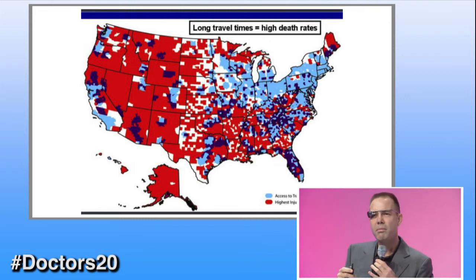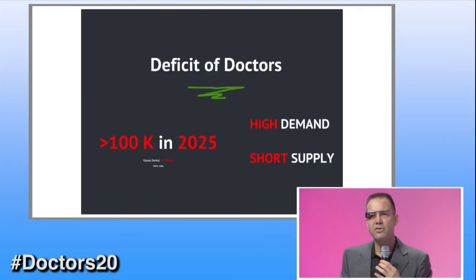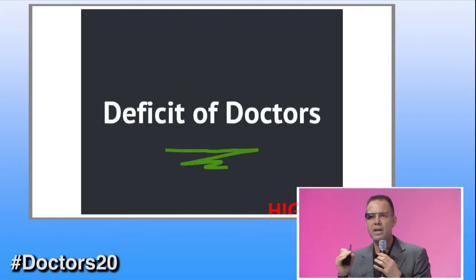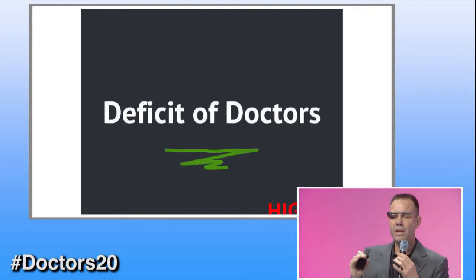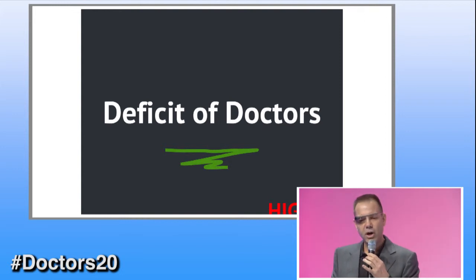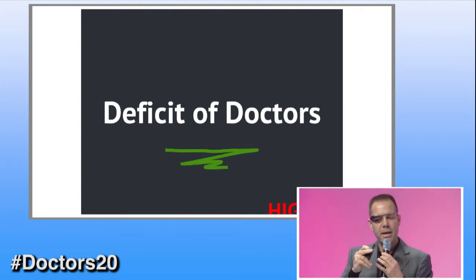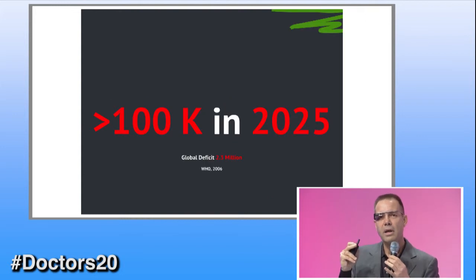The other problem is the deficit of doctors. As you know, doctors, especially specialty doctors, and especially in rural areas, are really a commodity. A deficit of greater than 100,000 doctors has been proposed for the year 2025.